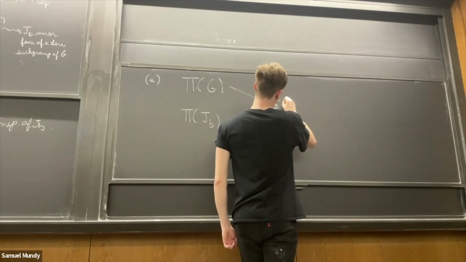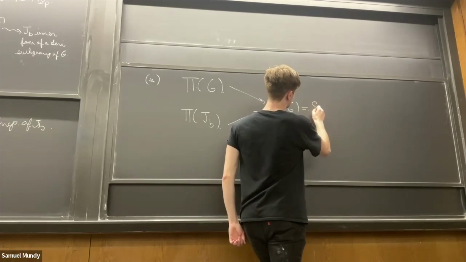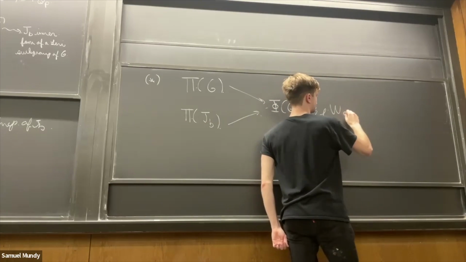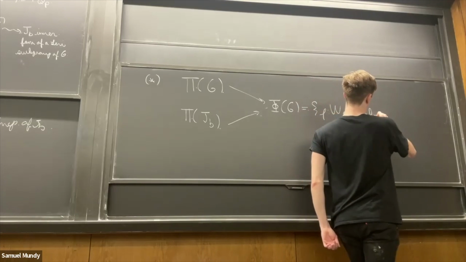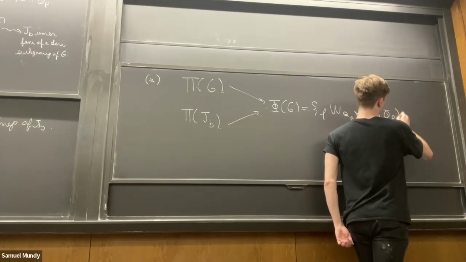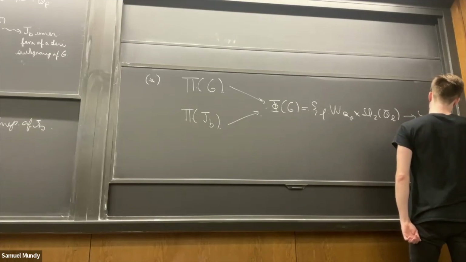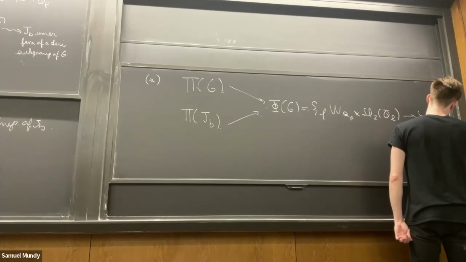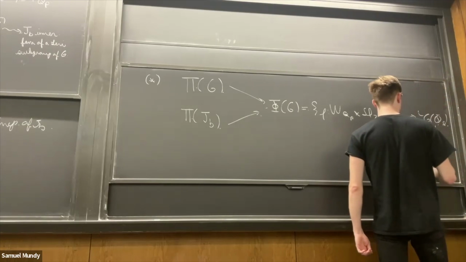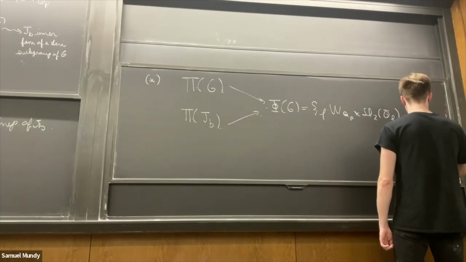What is that set? So it's some conjugacy classes of maps of this form. And then it goes this way, right?